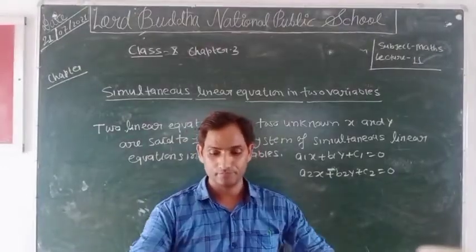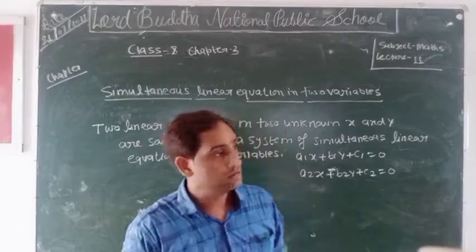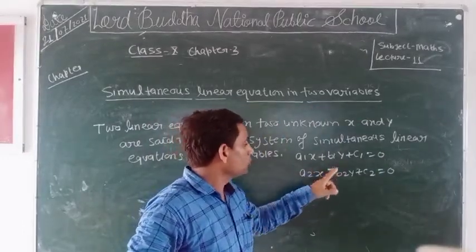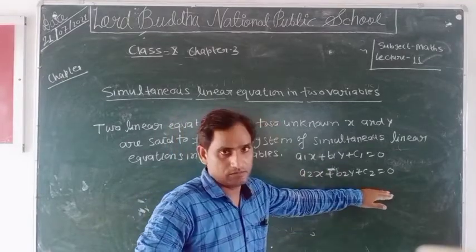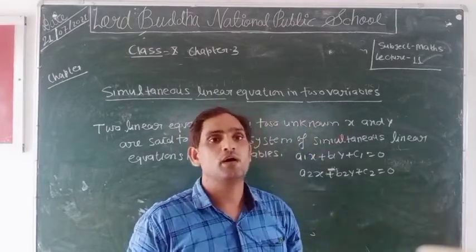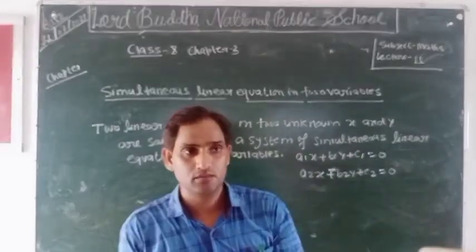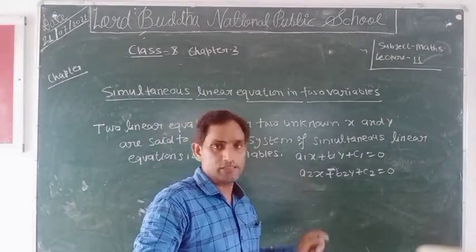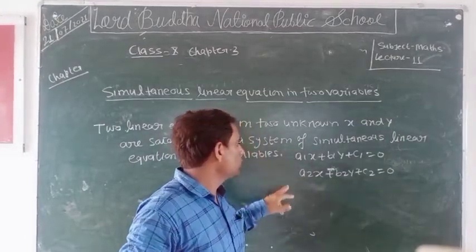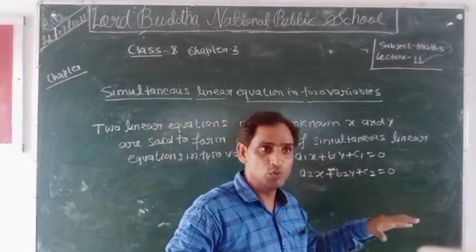Okay? The condition is that the value of x and y will satisfy these two equations. The same value of x and y will satisfy the two linear equations. Then this is known as simultaneous linear equations in two variables.